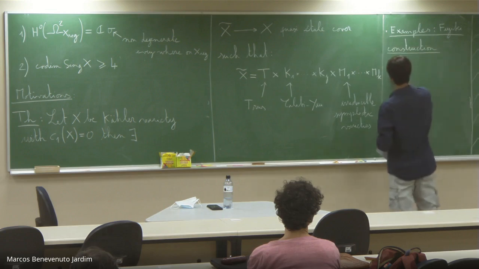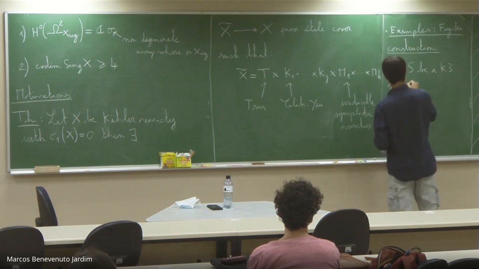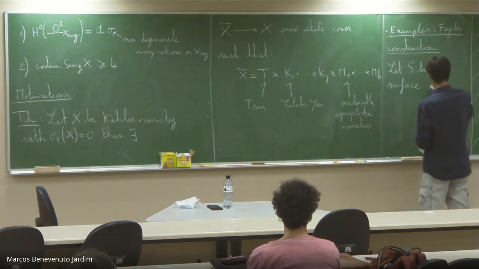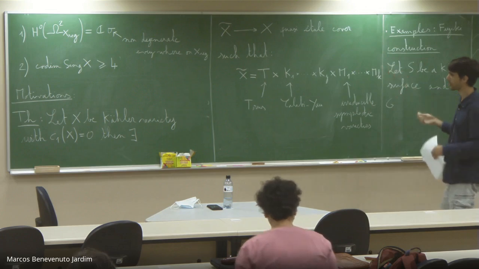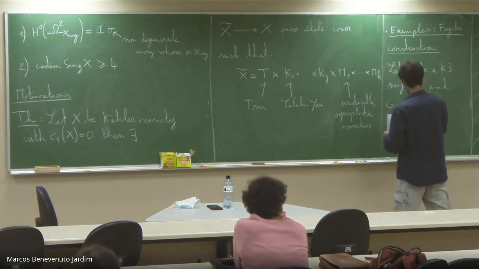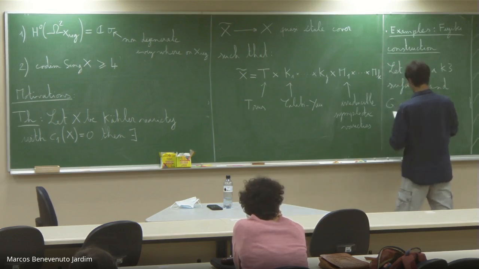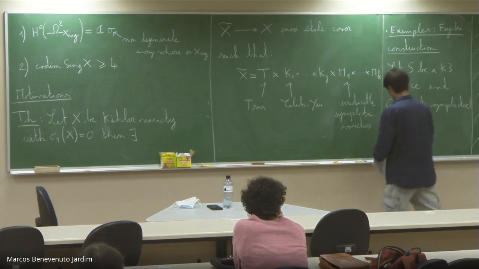So I start with a K3 surface S and G. A K3 surface is primitive symplectic, smooth. G is a finite symplectic automorphism group.